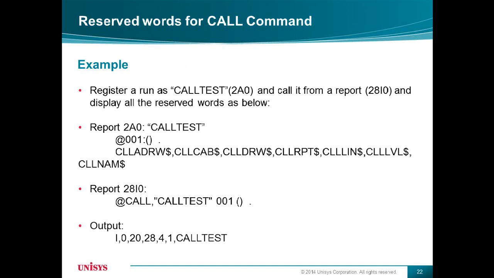As you see, 28I0 calls the call test at 001, and then that outputs all the required information. For instance, call A drawer is an I report in the 28I0 that's being called, where 0 is the cabinet and 20 is the drawer information in octal, and so on.